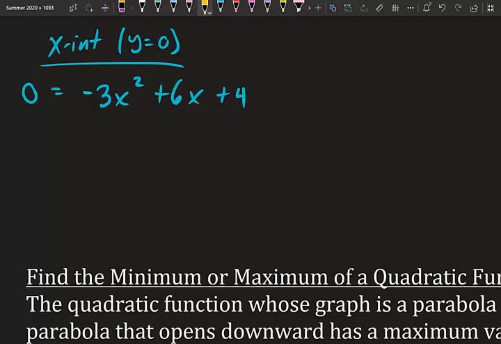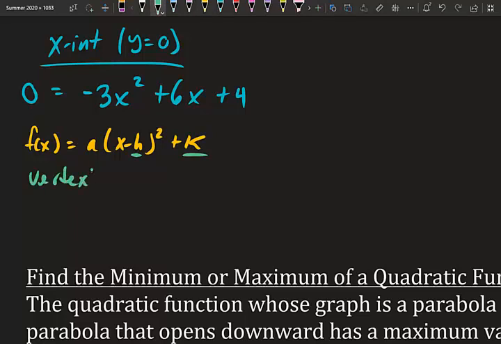So remember, vertex form, that is f of x equals a times (x minus h) squared plus k. And isn't that the vertex? And don't we have that vertex? We found it. Remember the first part, we found the vertex? It was (1, 7).